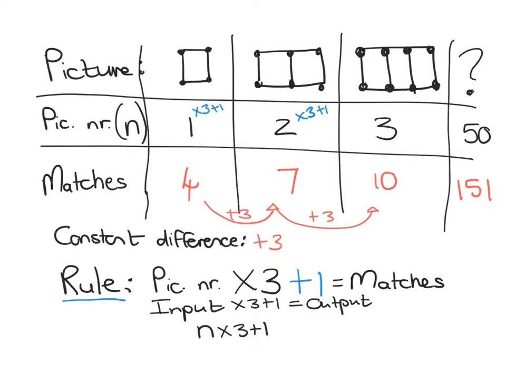I'm going to show you 2 more ways to write the same rule. We could say, like you guys said, if the input is x, times 3 plus 1 equals y.